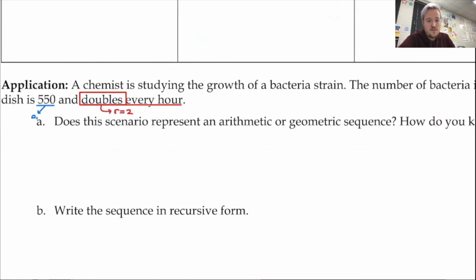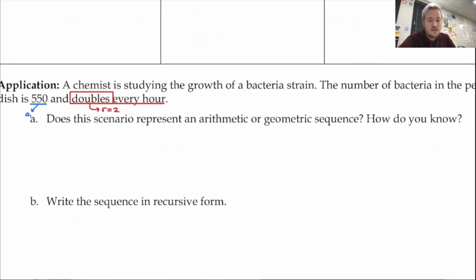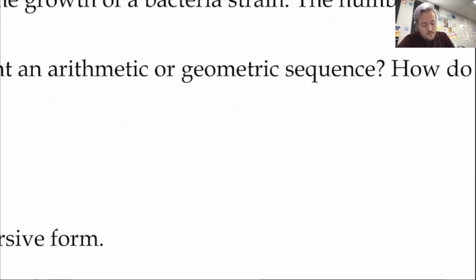All right, so does the sequence represent an arithmetic or geometric sequence? How do you know? Because it's doubling every hour, it's geometric.